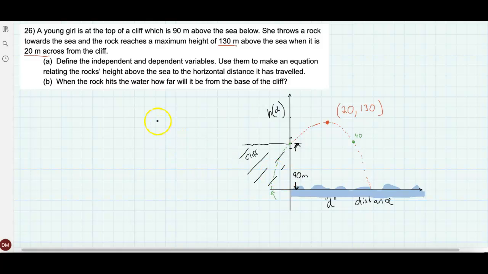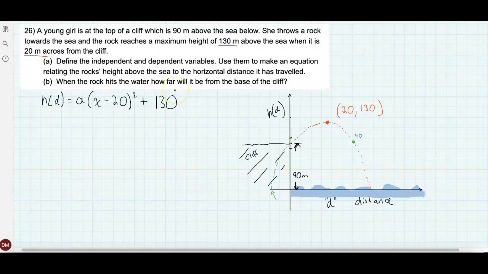So h of d is equal to, well, we don't know what a is. I guess we know that it's negative, but whatever it is, a, and then in vertex form (x minus h) where h is 20, squared, plus k, where k is 130.